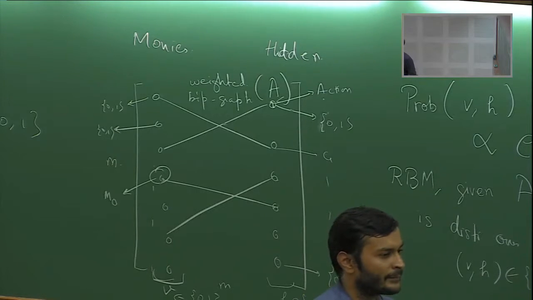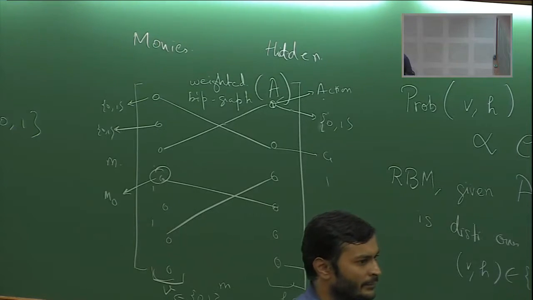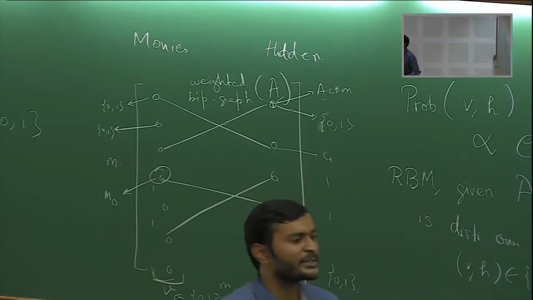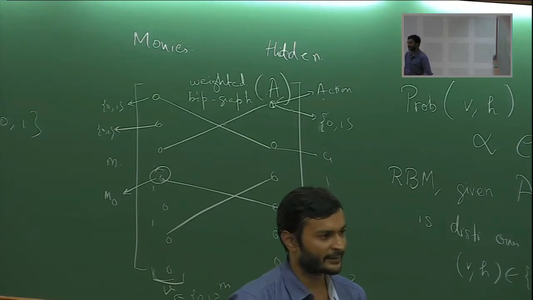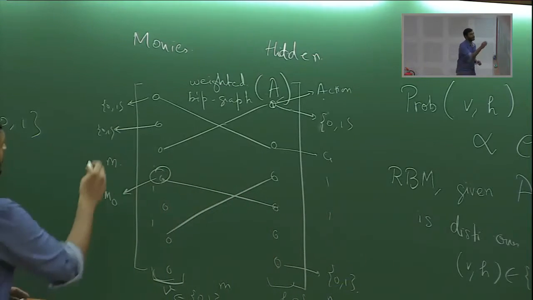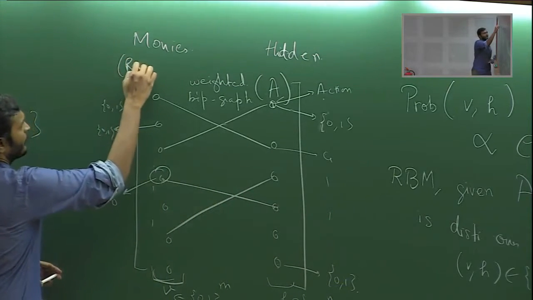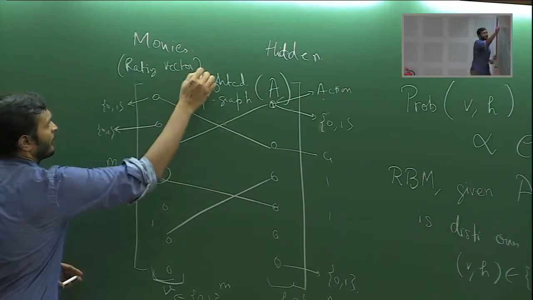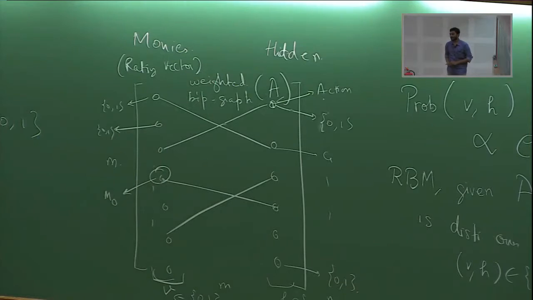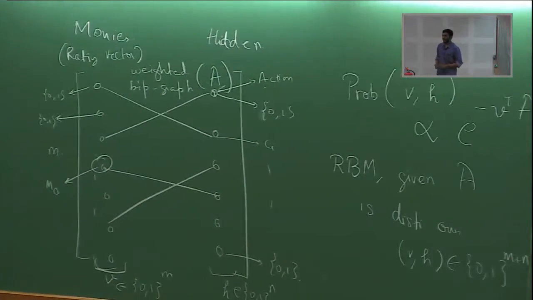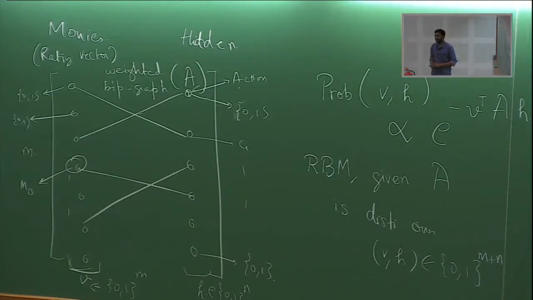V is a bunch of ratings, a rating vector, and H is a feature vector. So sampling from A means producing random-looking users, where here are their feature vectors, and here are the ratings they give off. Indeed, yeah.